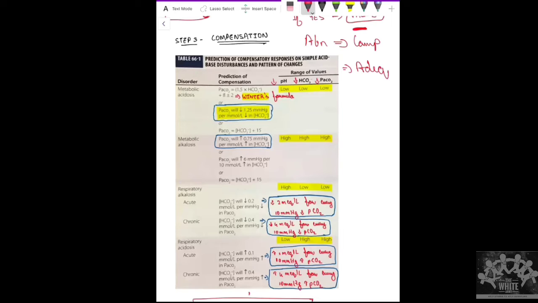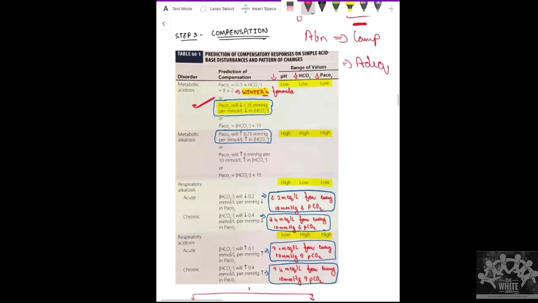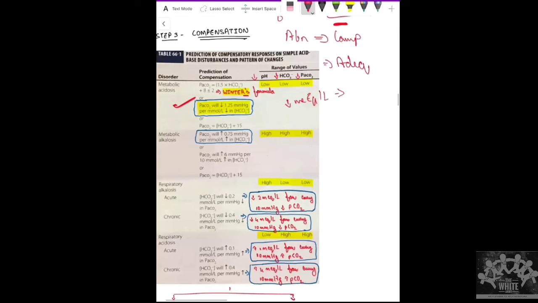So either using Winter's formula or this simplified approach, we can come to a diagnosis as to whether it is compensated or not. If HCO3 minus levels decrease by 1 milliequivalent per liter, then PCO2 should decrease by 1.25 mmHg.